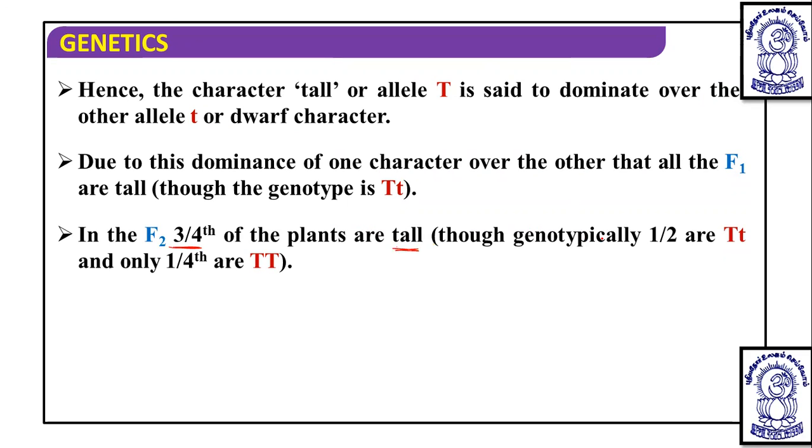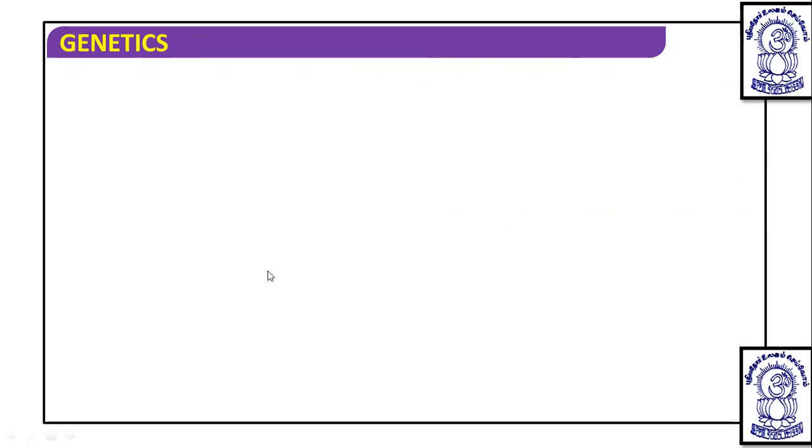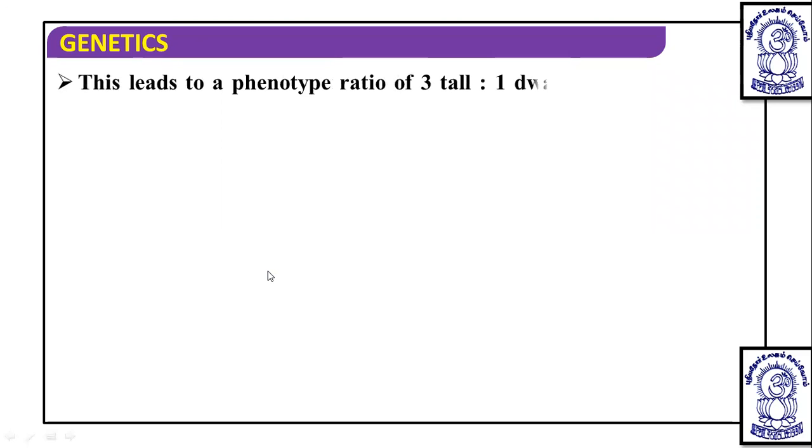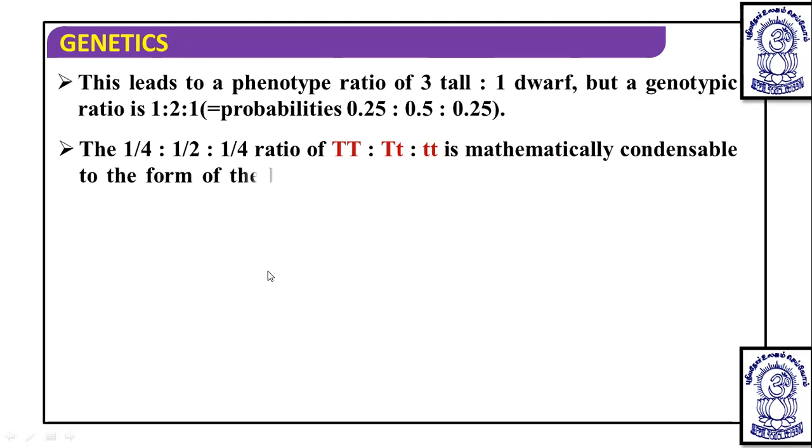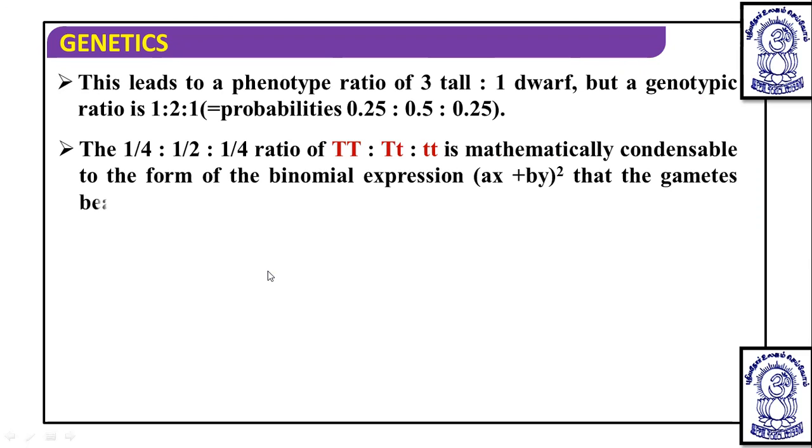Out of these, one half are capital T small t and 1/4 are capital T capital T, due to the 1:2:1 ratio. This led to the phenotype ratio 3:1 but the genotype ratio 1:2:1 that we have understood already: 1/4 capital T capital T, one half capital T small t, 1/4 small t small t.